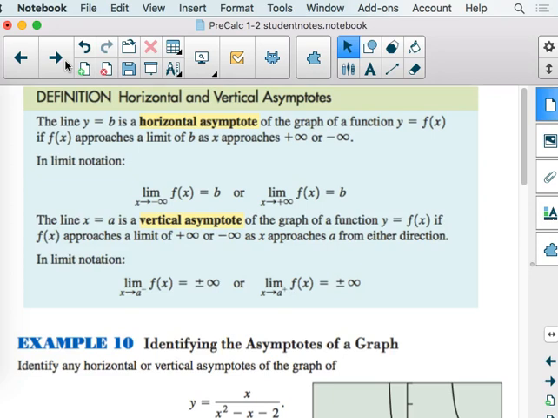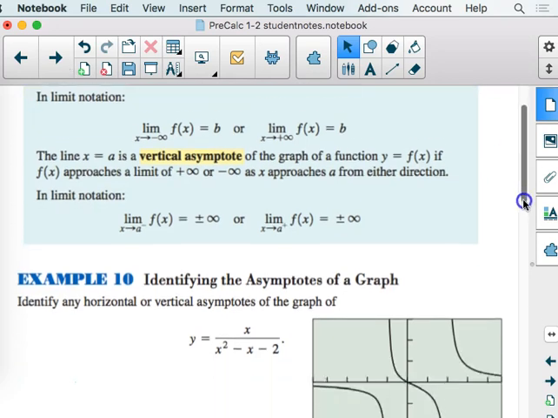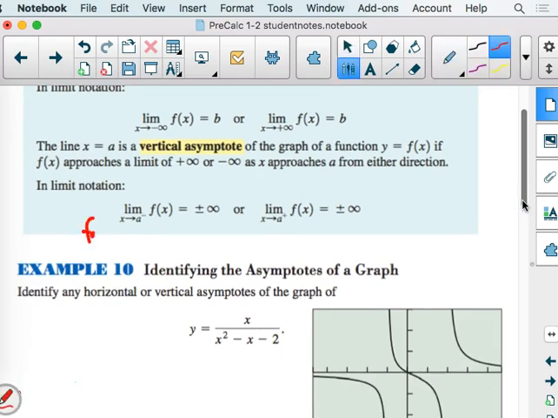What on earth is this then? This is telling us we're not just going to talk about those vertical asymptotes anymore. As our graph comes in from the left, where's our graph going? Is our hyperbola going up to positive infinity, or is it going down to negative infinity? And then as we approach our vertical asymptote from the right, is our graph going up, or is it coming in and going down? So when this has x approaches a negative, that means from the left side.